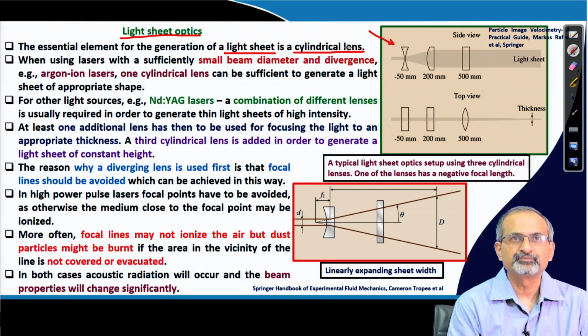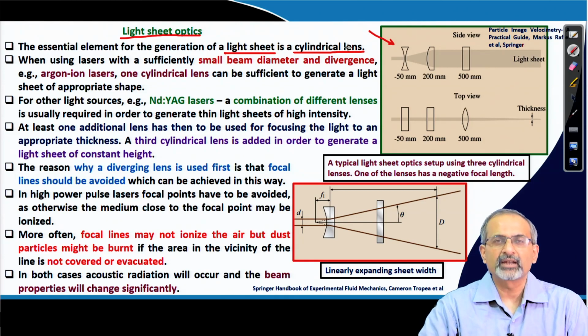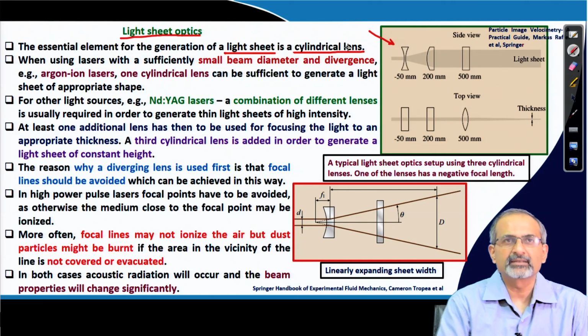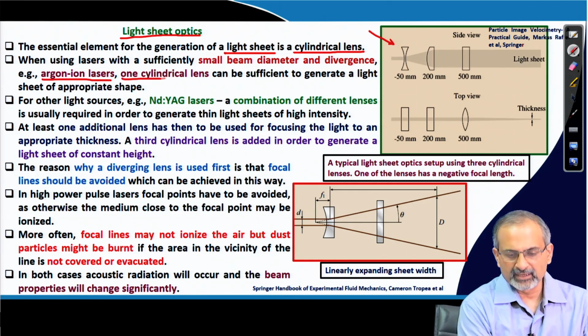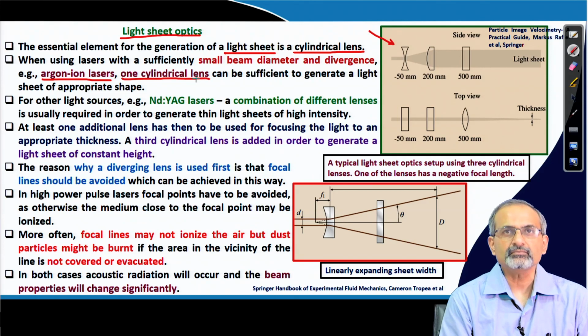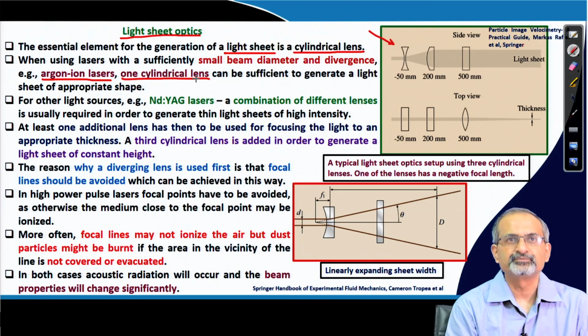Now, when you have a very small beam diameter and small divergence, as in argon ion lasers, only one cylindrical lens can do, and that can give you the appropriate light sheet.